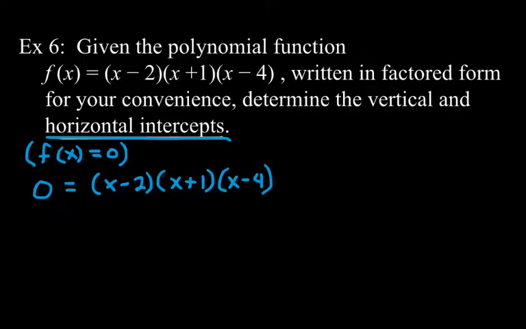And we actually talked about this when we were at the very end of our review of factoring. This one's already factored and equals 0. The way we solve this is we just take each individual factor and set it equal to 0, because if x minus 2 equals 0, that entire product will end up being 0. If x plus 1 equals 0, the entire product will equal 0.